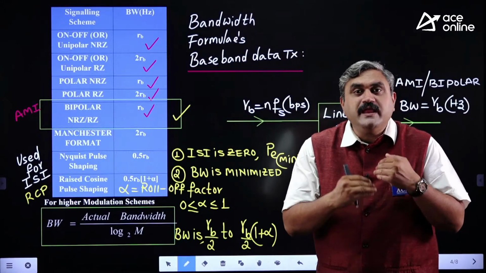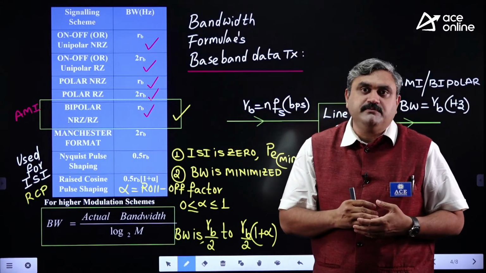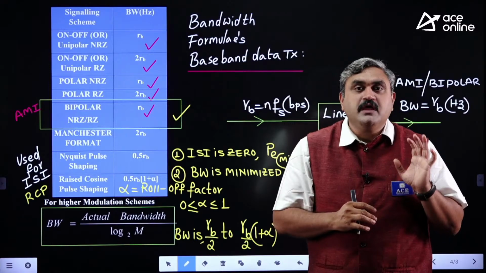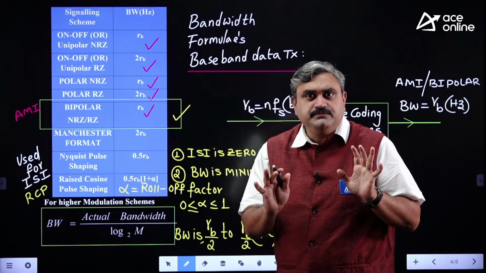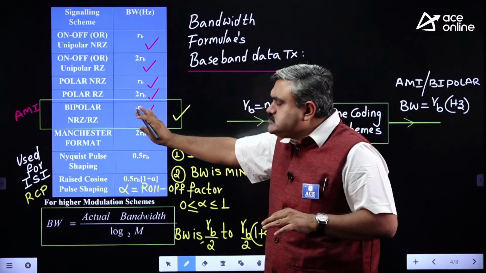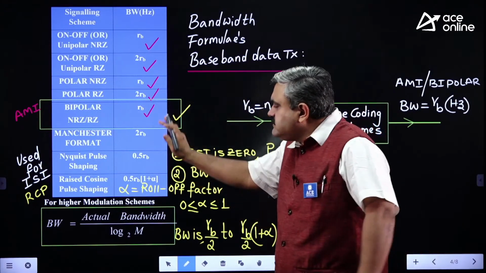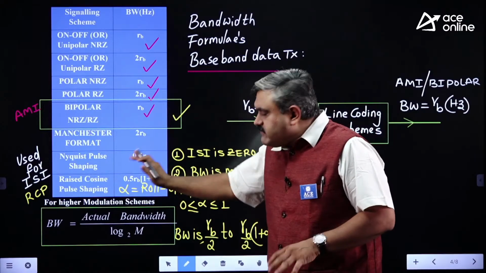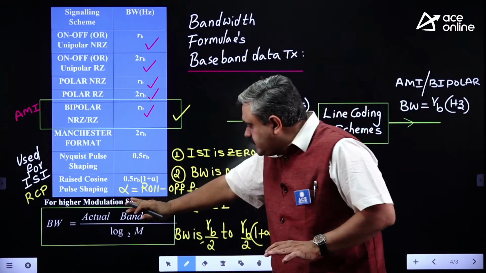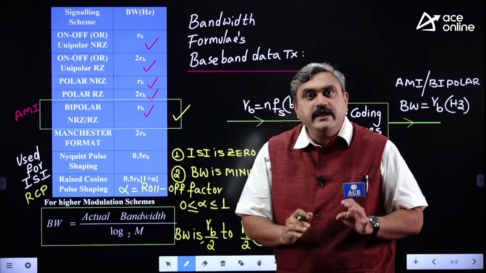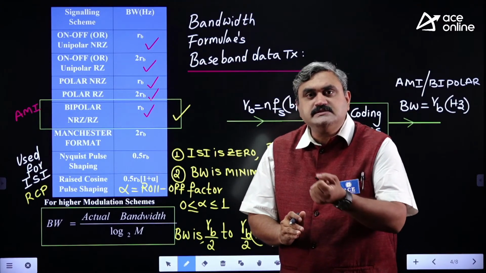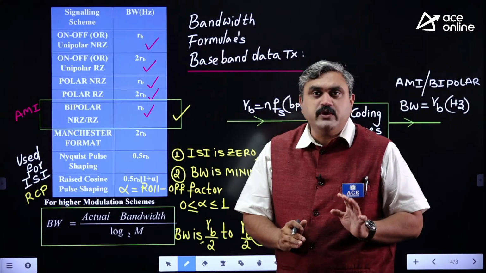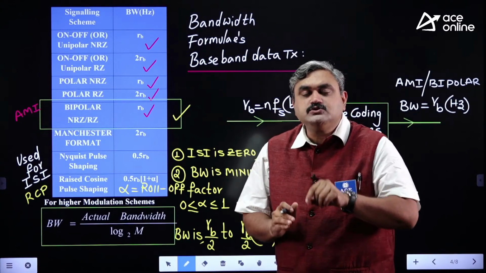So depending on the number of symbols you have in your system, you can decide the bandwidth. So what would be the bandwidth? You take the normal bandwidth, whatever the pulse you used. Suppose you used bipolar pulses, bandwidth is RB. If you have used Nyquist pulses, RB by 2, substitute in numerator, divided by the number of symbols that you are transmitting, 4 symbols or 16 symbols or whatever, log of that number of symbols to the base 2.